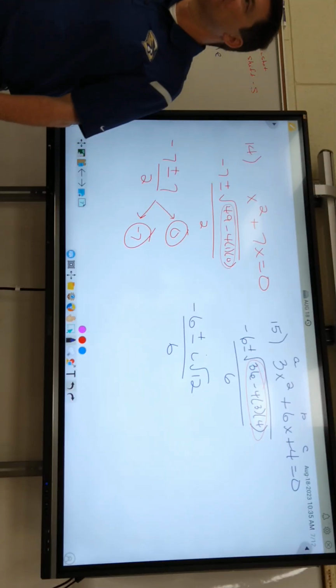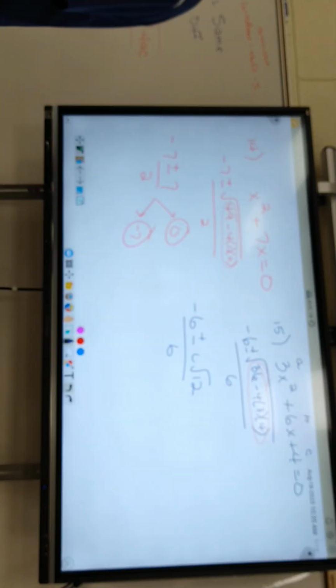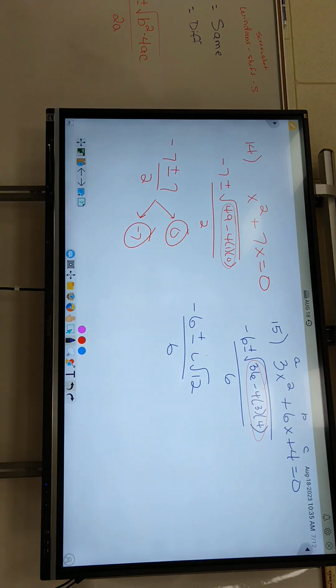All right, now here's the new step. This is what I showed everybody yesterday. Square root of 12. We got to put it in your calculator, but you can't type square root of 12. It's going to give you a decimal. If it gives you a decimal, that lets you know you got to use your program button. So I'm going to show Jared, he wasn't here yesterday. You ready? Jared, hit program right here in the middle.